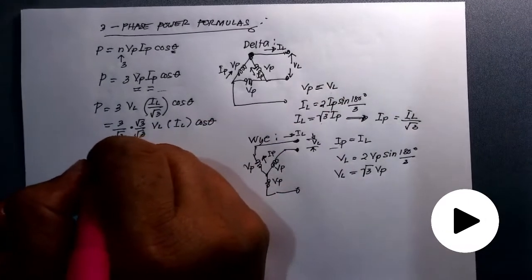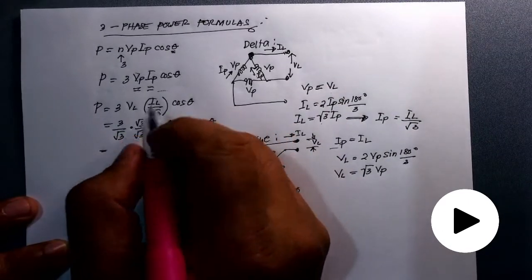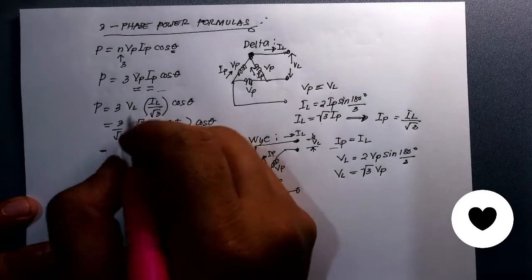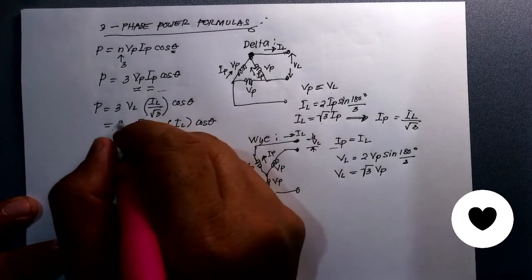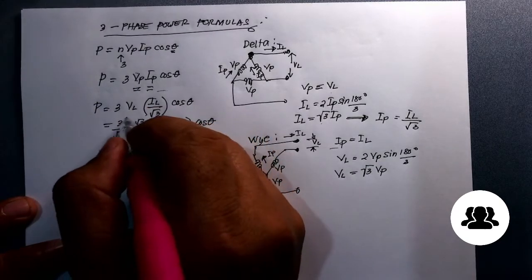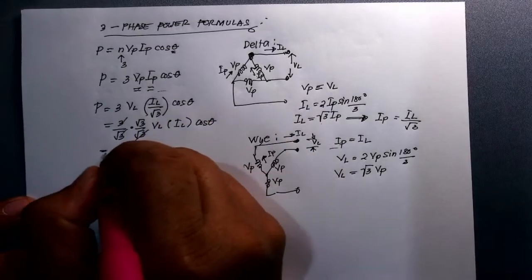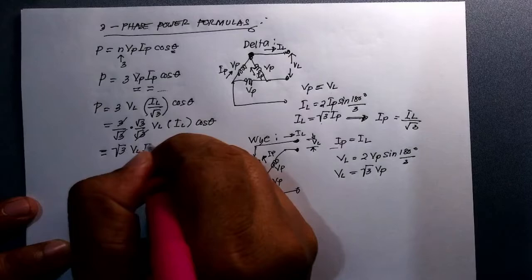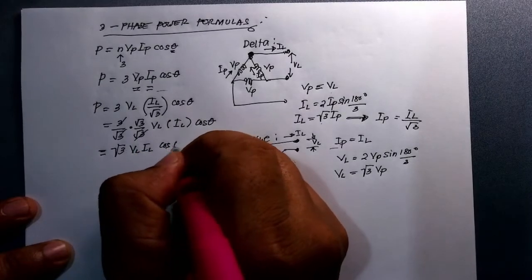When you multiply the denominator, the square root of 3 squared is 3, so that will be 3 over 3, which cancels out. What remains is the square root of 3 times V sub L times I sub L cosine theta.